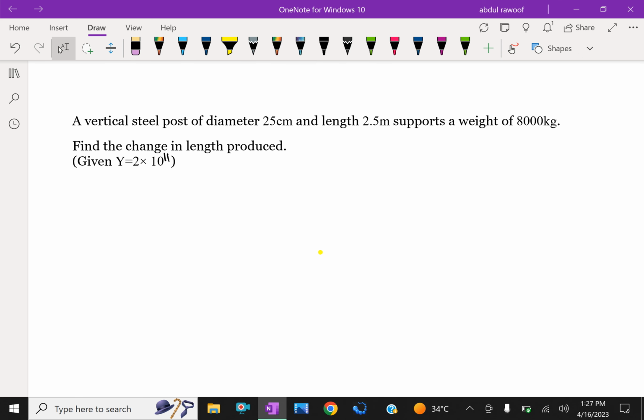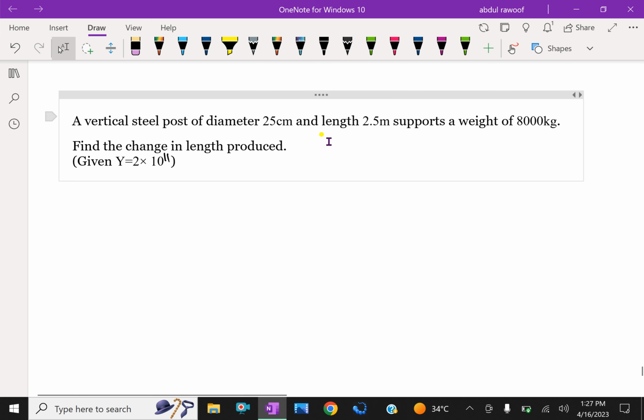Next question. A vertical steel post of diameter 25 centimeter and length 2.5 meter supports a weight of 8000 kg. Find the change in length produced.